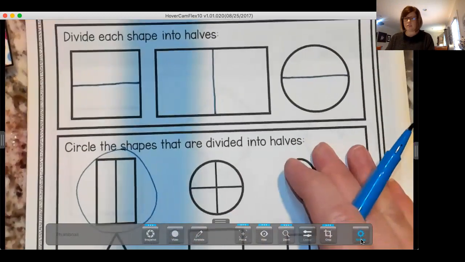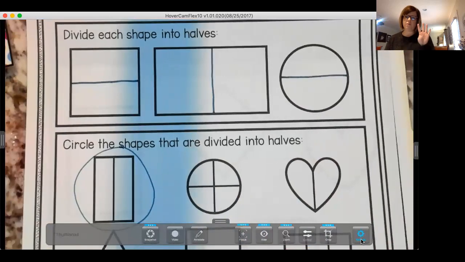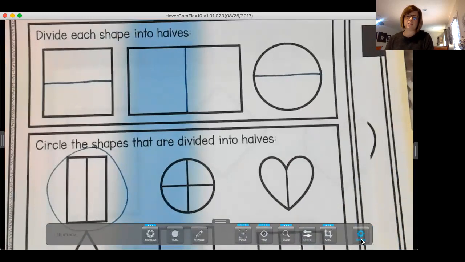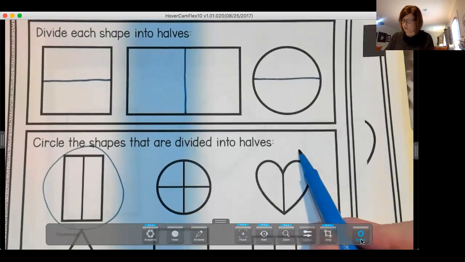All right, look at this circle. Is it split into half? If you answer no, you are correct because how many pieces are there? There are four. How many can we have? Two. Good job. So I'm not going to circle that. What about this heart? Is it divided into half? Are there two pieces? Yes. So I'm going to circle it, okay?